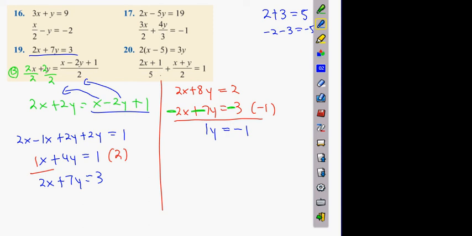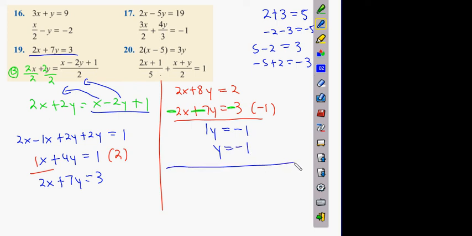Same thing. Or if I had something like 5 minus 2 equals 3, if I multiply both sides by minus 1, I get minus 5 plus 2 equals minus 3. It balances. So you'll never change the outcome if you multiply both sides by the same number. So add them down and now we know that y equals minus 1.